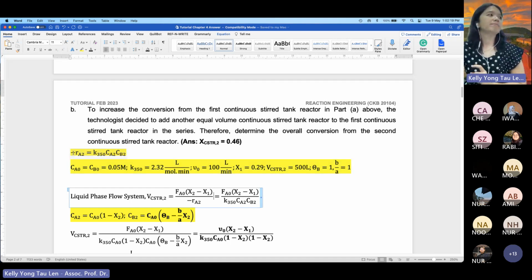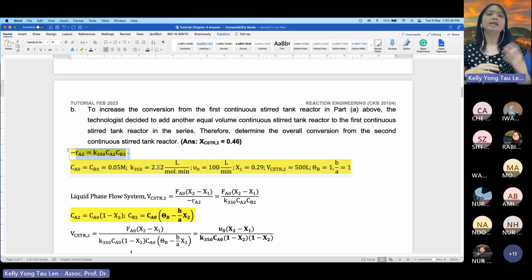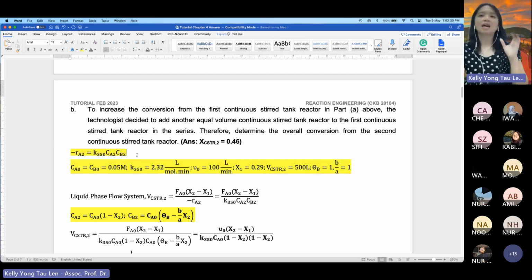Okay, you have to remember, we have a rate law, right? We have a rate law in the first reactor. The second reactor also has its rate law. So what is the difference? Earlier we learned that in the first reactor, the rate law is minus RA equals K at 350 CA CB.